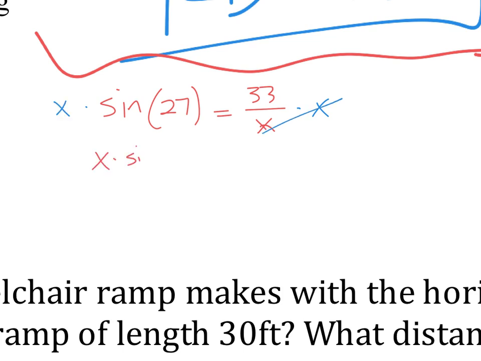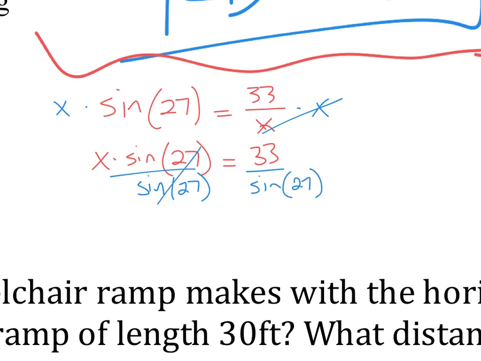We have x times sine of 27 equals 33. Divide both sides by sine of 27. And so x equals 33 divided by the sine of 27, which is 72.689, or if we round to the nearest whole number, 73 meters.